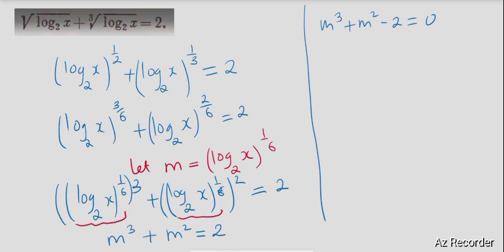Now it's not easy to get factors here, but the easiest way we are going to do it, we are going to use the rational roots theorem, whereby we are going to consider the coefficients of the leading power and the constant. We look for the factors.